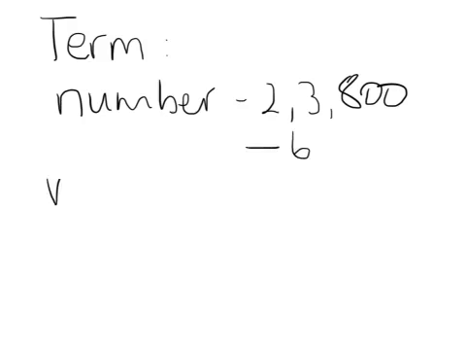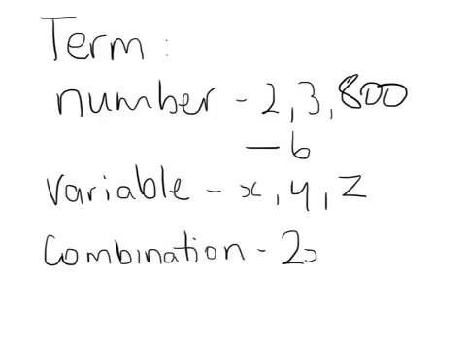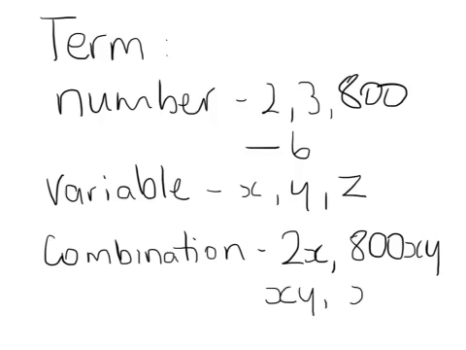It can be a variable: X, Y, Z. It can be a combination: 2x, 800xy. It might be just variables, xy. It might be x squared y, which is x times x times y.